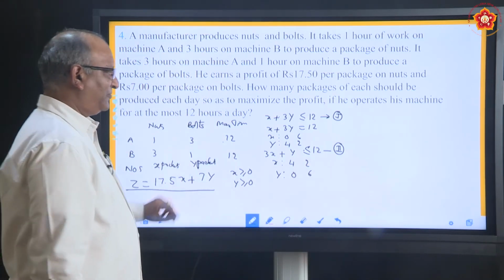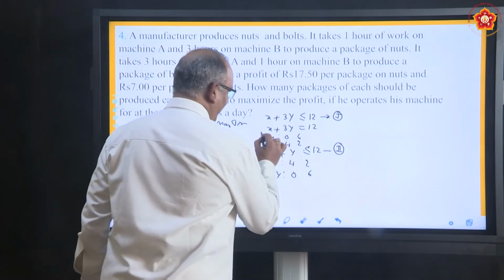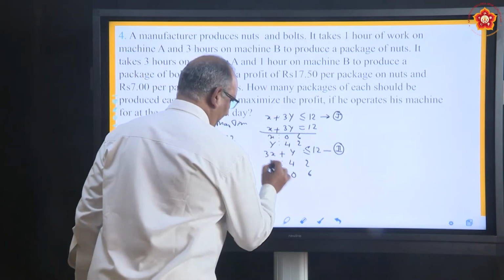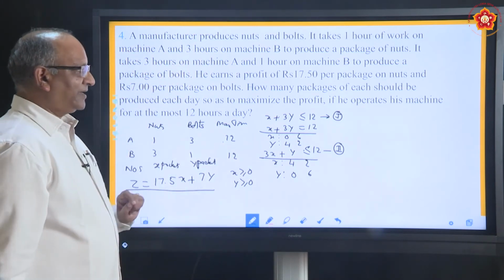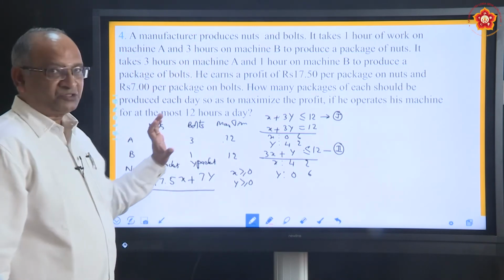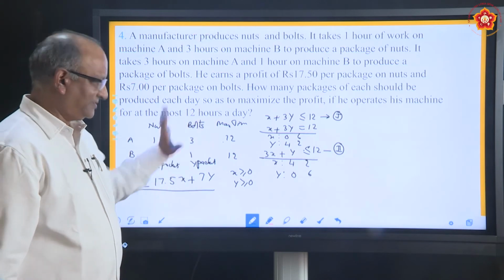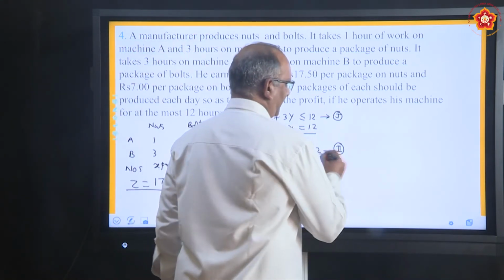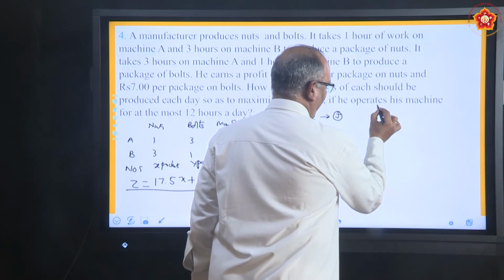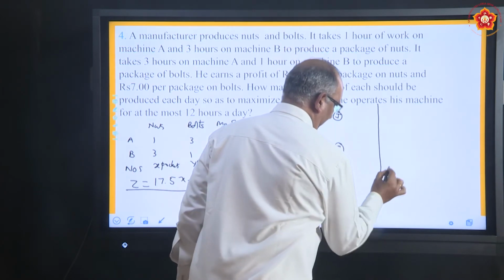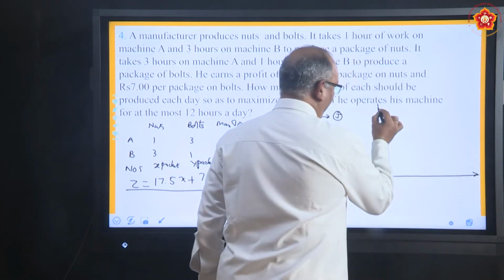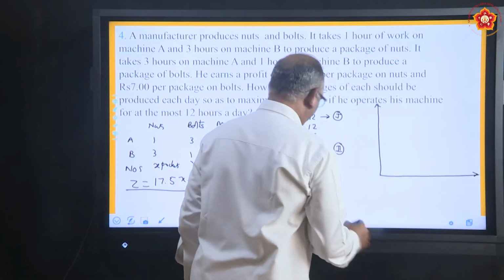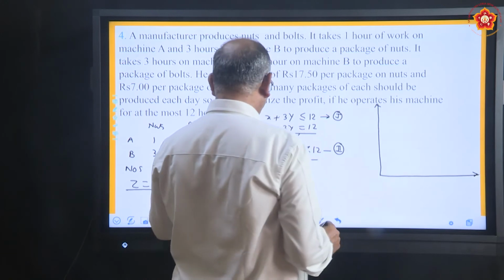These are good enough for us to draw the graph. Okay. So let us draw the graph now carefully. We have a shortage of place, so we have to adjust. So the maximum value is what?